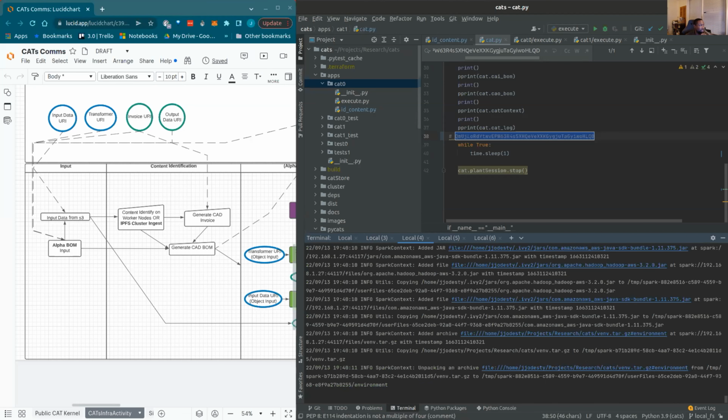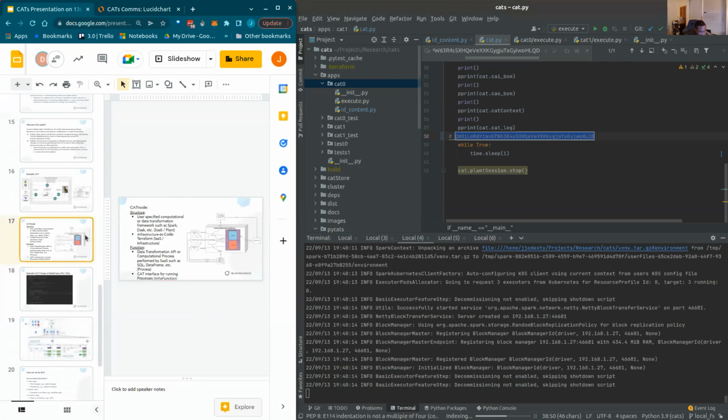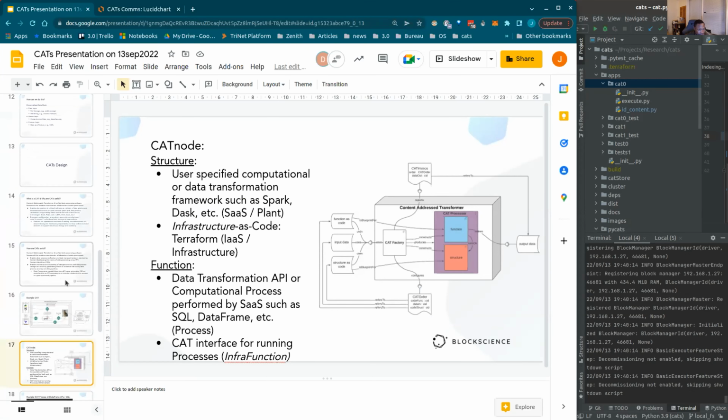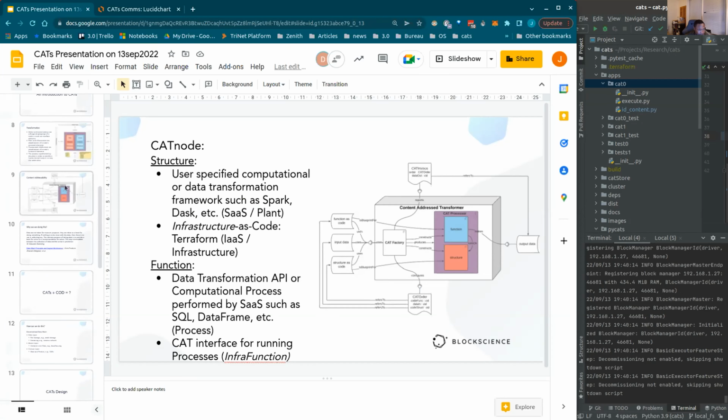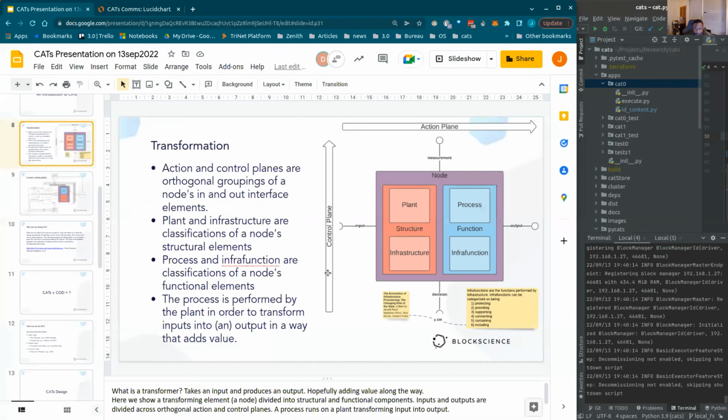So the processor is the software that will go on a node. This is an abstraction of the node, like a quantum of the node.